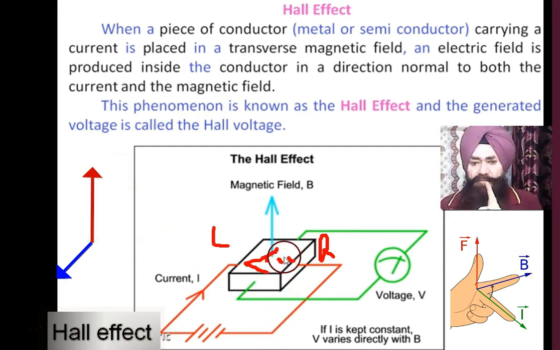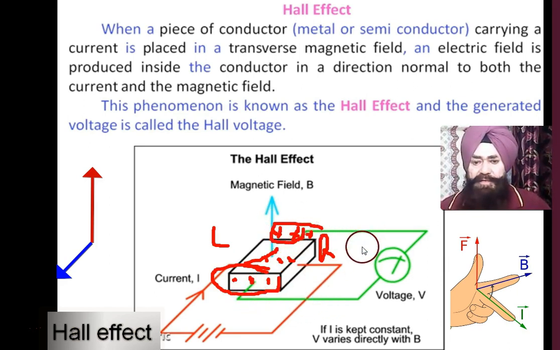That means a force will be exerted on the electrons. So the electrons will start accumulating here, and what is left behind? The positive charge. So positive charge will be here. When negative charge is accumulating here and positive charge here, a potential difference develops between these two ends.